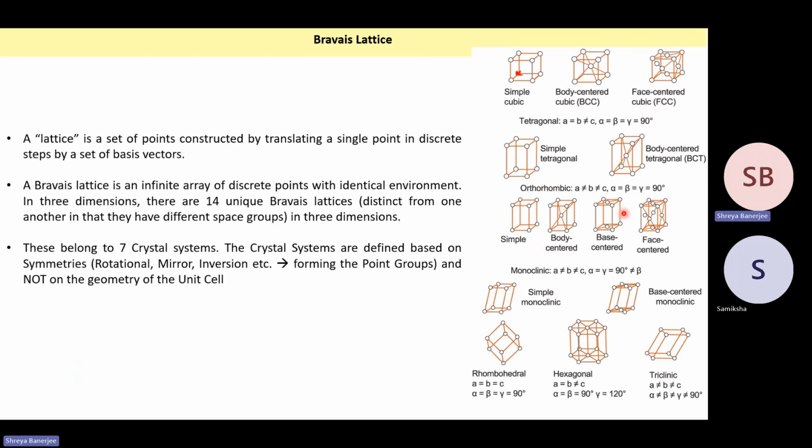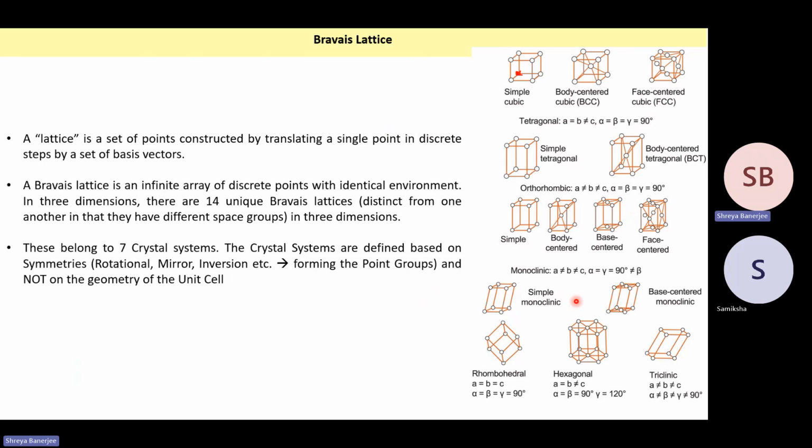So again, you can have a simple one where only the atoms are in the vertex, a body-centered one where along with the simple you have one atom in the center, a base-centered one where you have the simple and only in the top and bottom face you have one atom in the center of the face, and a face-centered one where in all the 6 face centers you have an additional atom.